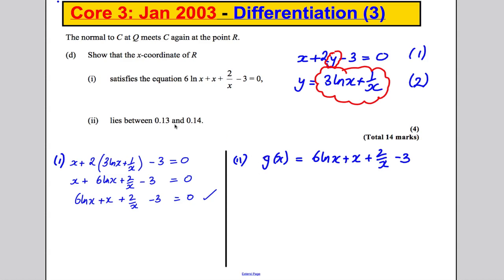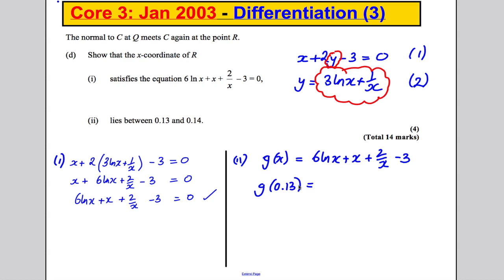If I want to show that there's a root between these 2 points, I could use the root theorem, which says that if this function is negative at one of these points and positive at the other, because it's continuous between these 2 values, there must be a root between these. So I'm going to work out g of 0.13.